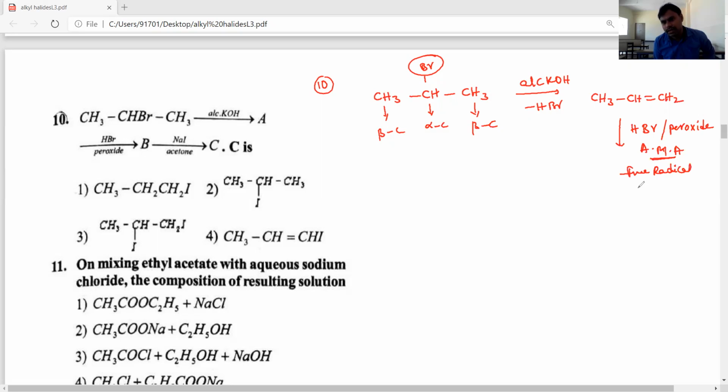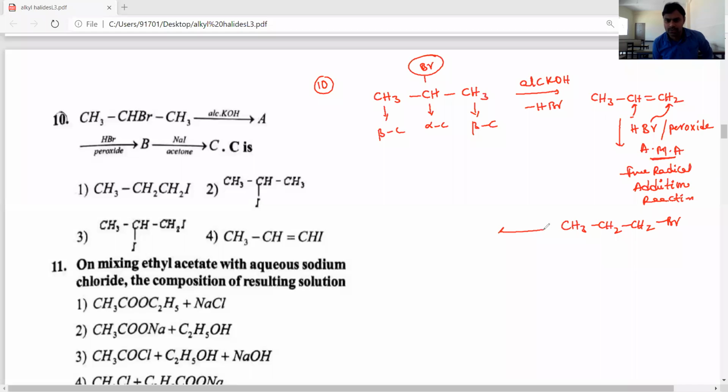The hydrogen atom is added at the double-bonded carbon with fewer hydrogens, and the halogen is added at the carbon with more hydrogens. The product is CH3 CH2 CH2 Br, 1-bromopropane.